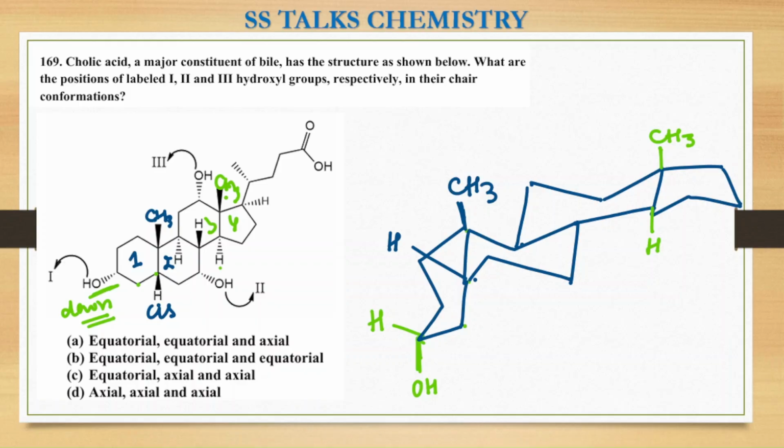So here now on this second ring that we are having, the OH group, that is the second label, is also present in the downward direction. So now this is the fused ring that we were having, leaving one of the carbon centers, this center we will be having at this particular position. Here your OH group will be present in the downward direction.